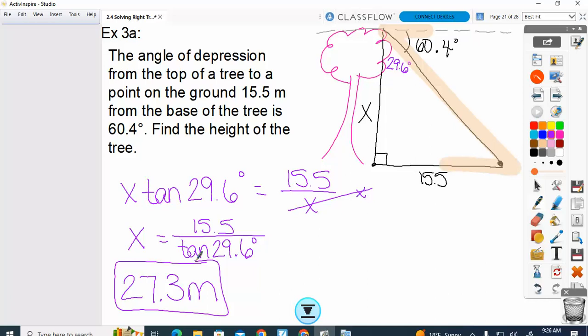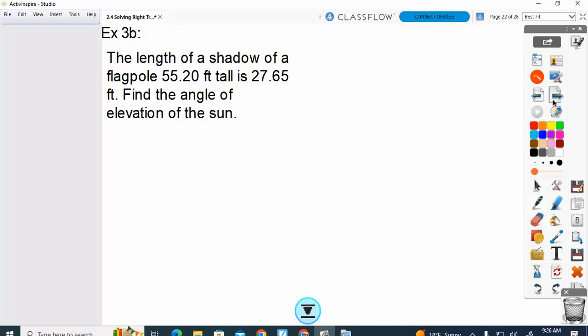Let's try another one. The shadow of a flagpole that is 55.20 feet tall is 27.65 feet. So what should I do here?